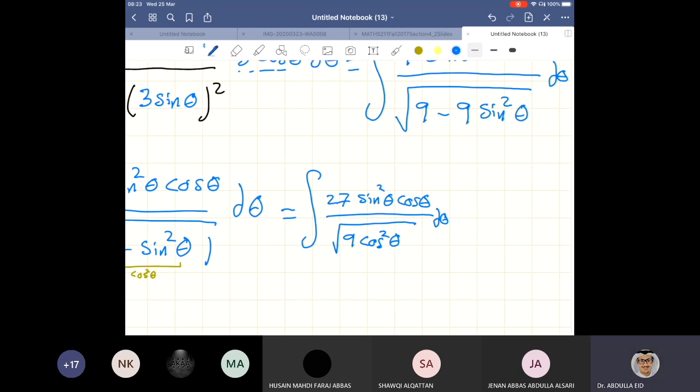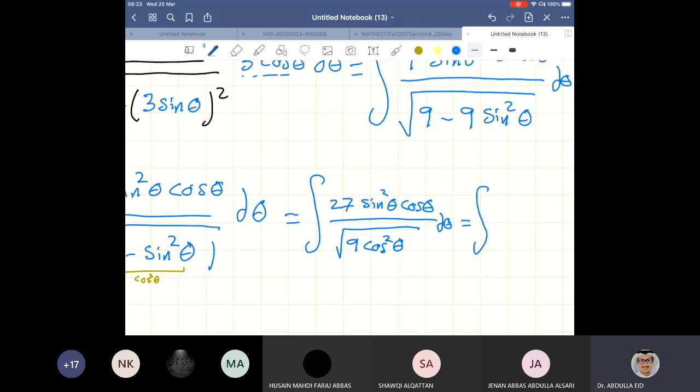That's what we get. Now, if you take the square root of the denominator, it will give me, I think, 3 cosine theta.